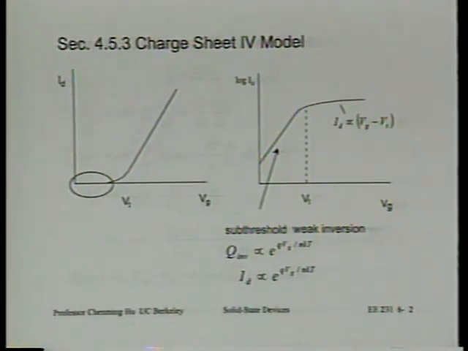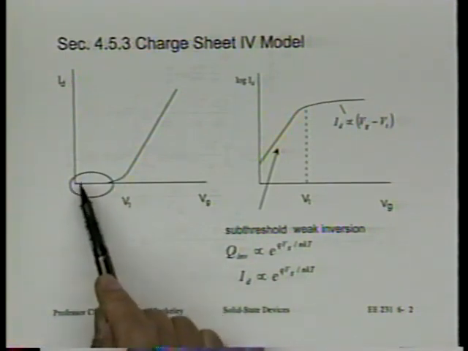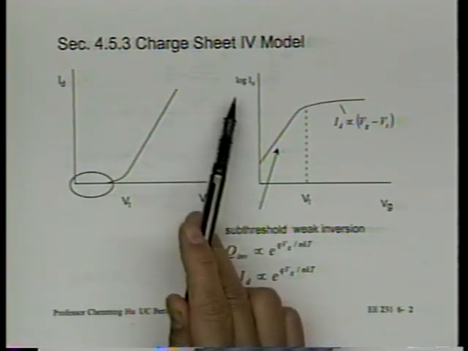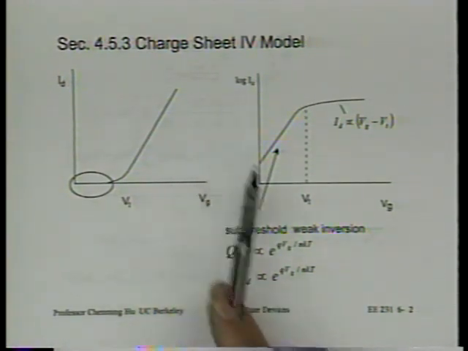Now you all know that's called the subthreshold current, right? Due to the weak inversion of the channel, there's some current flow even when Vg is less than Vt. And that current is more clearly seen in a plot of logarithmic ID versus Vg.